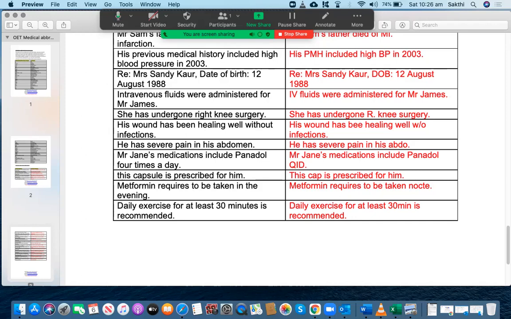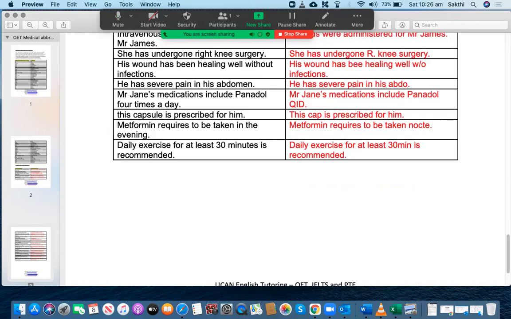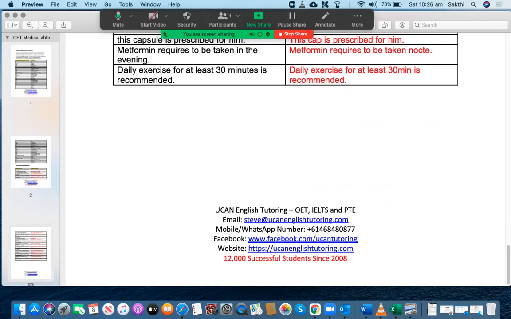Sorry about that. Metformin is required to be taken in the evening. Daily exercise for at least 30 min is recommended. Daily exercise for at least 30 minutes is recommended. This is how you have to expand the symbols, short phrases, abbreviations, and medical acronyms in your letter.